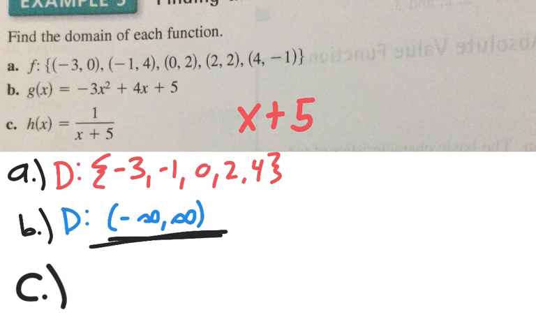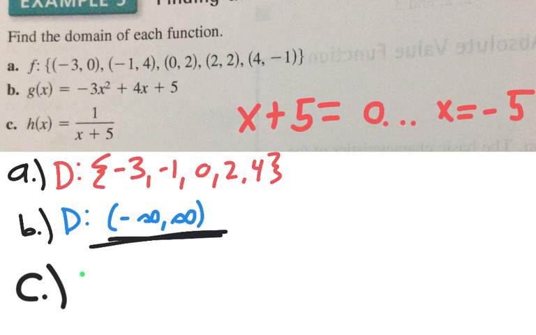So we would set the equation equal to 0 and solve. So if x plus 5 equals 0, I subtract 5 from both sides. So again, this one's pretty simple. You could have done this without solving, right? But x being negative 5 gives me an error. That is a big problem. So when I list my domain, I want to include everything except for negative 5.